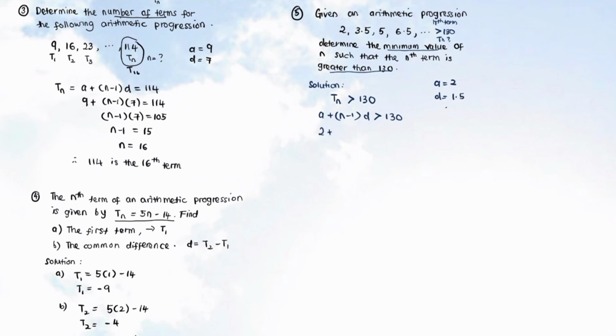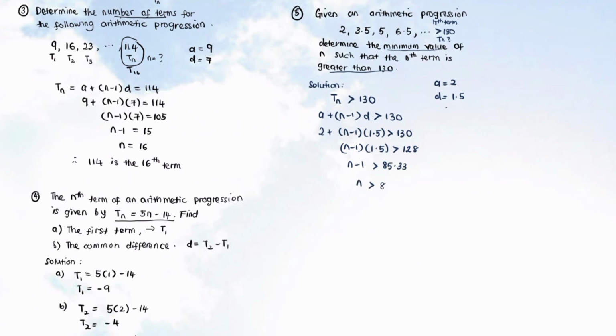Substitute into the formula: 2 plus (n minus 1)(1.5) more than 130. (n minus 1)(1.5) more than 130 minus 2 is 128. n minus 1 greater than 128 over 1.5, you will get 85.33.